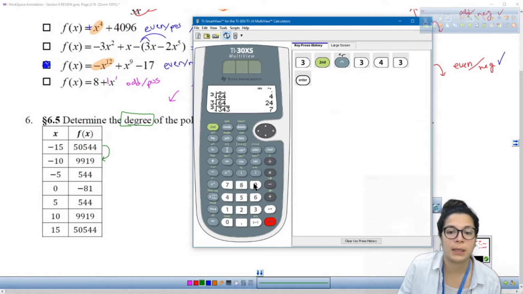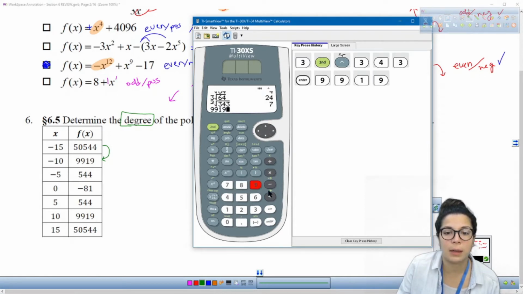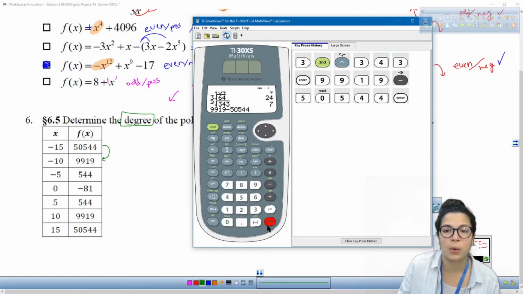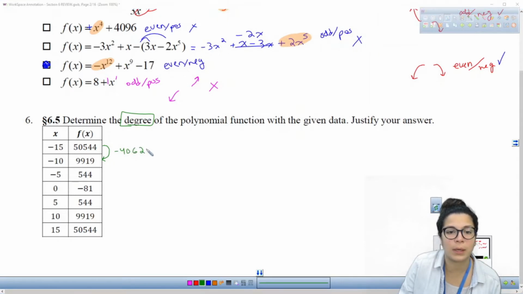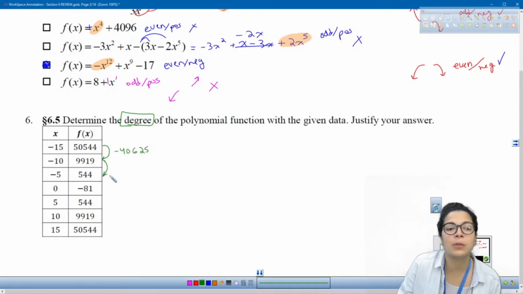If we take 9,919 and subtract 544, we get negative 4,625. And then we want to do that down the list, subtracting each time this number minus this number, and so on and so forth. Let me do that really quick for the first one.